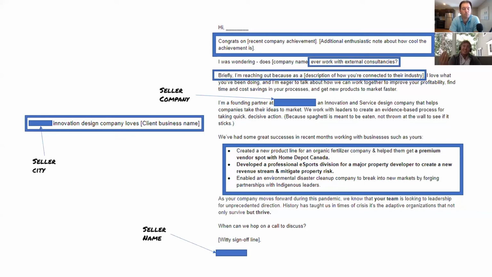But here's the thing with quality: you have to send things in quantity in order to understand what quality looks like. Hence why I say always be testing. When A/B testing your templates, you need to have quantity to do that.